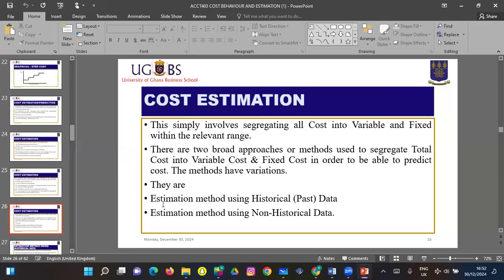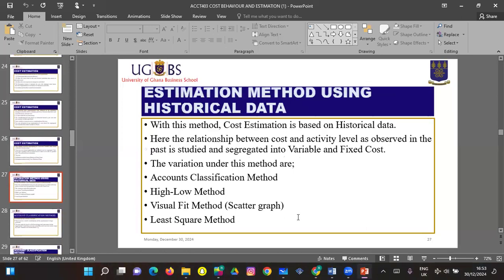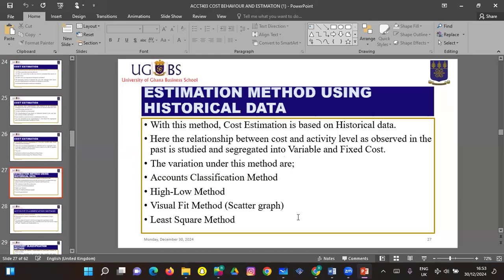They are estimation using historical, which is past data, and estimation using non-historical. So the historical one is like using previous data. With this method, cost estimation is based on what has already been there.